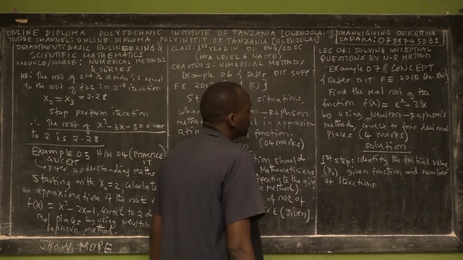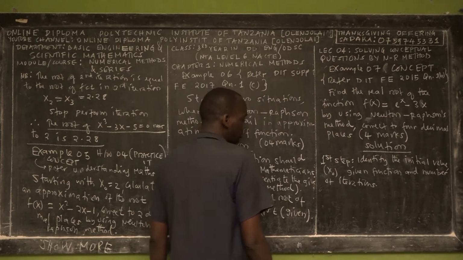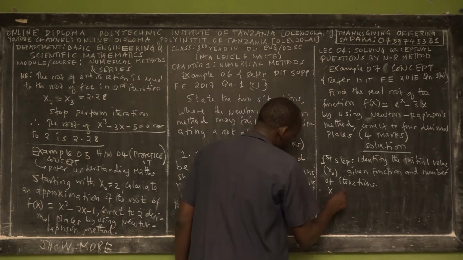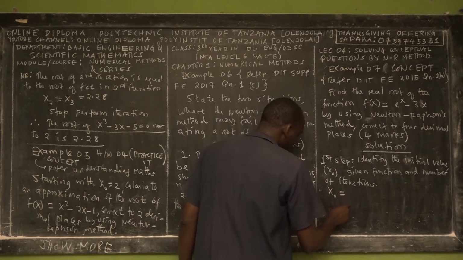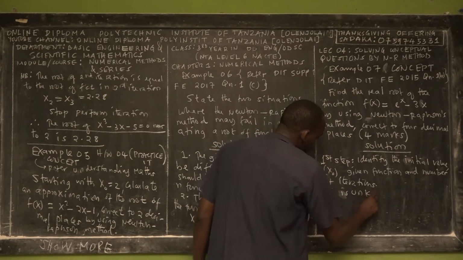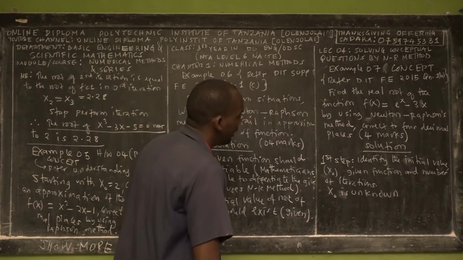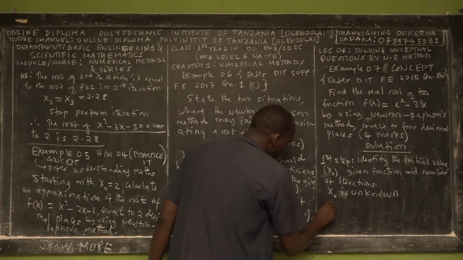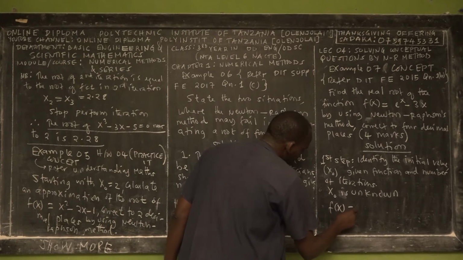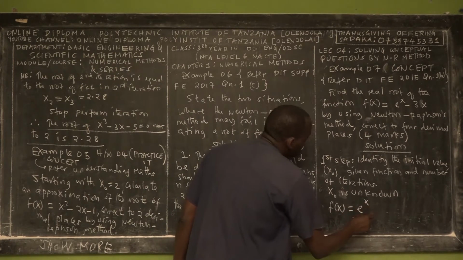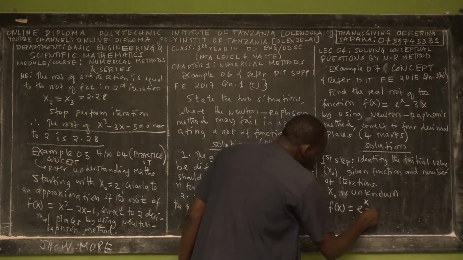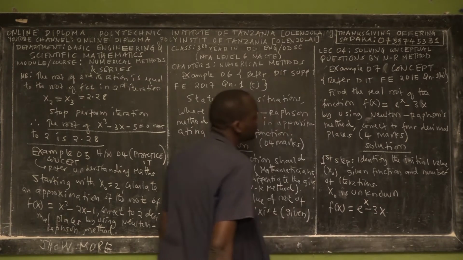So the initial value x naught is unknown. The given function: yes, it's f of x is equal to e power x minus 3x.